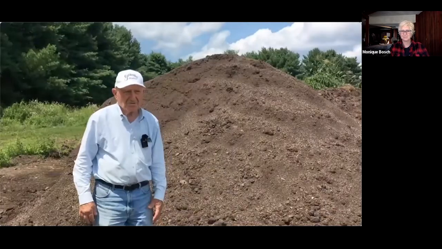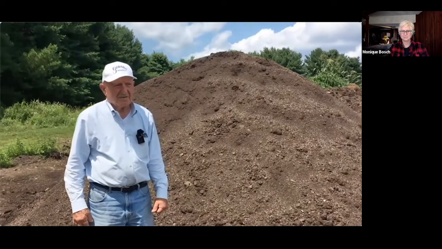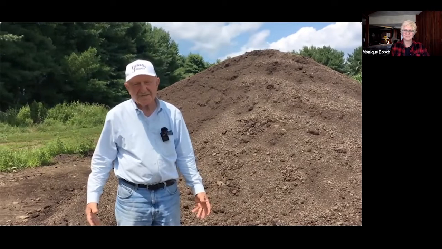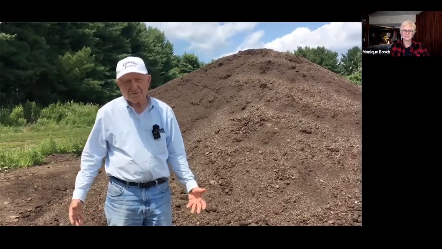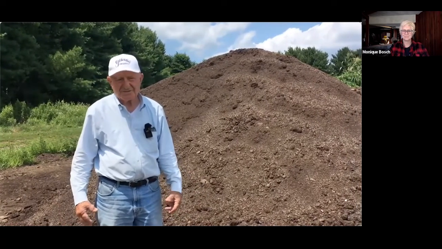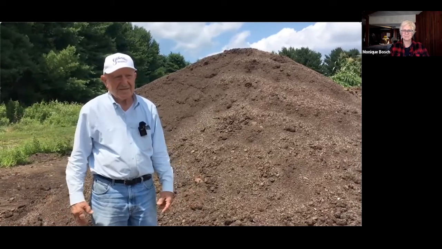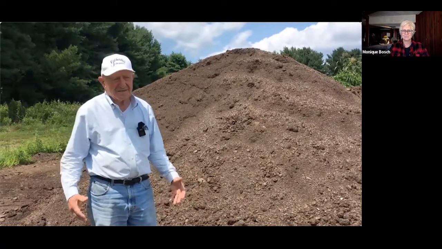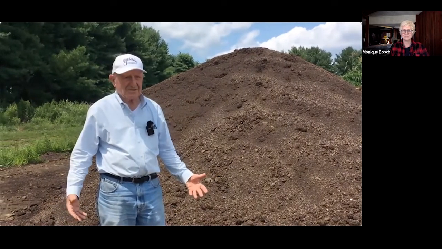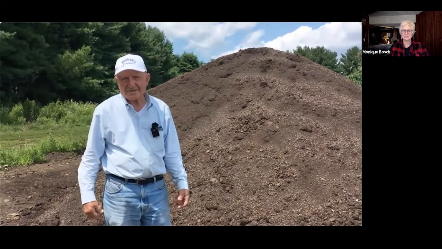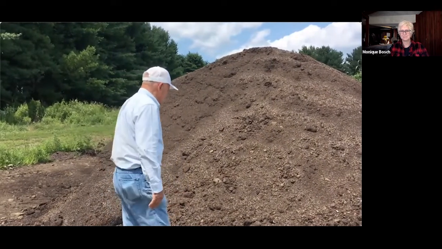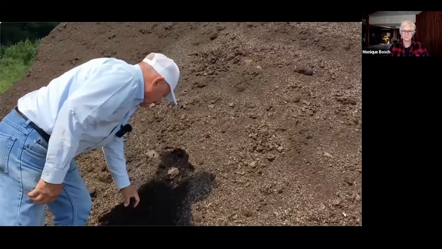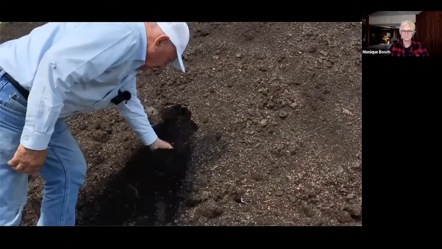Most of our customers are either landscape gardeners or companies that are building gardens for homeowners, and are using this mostly in raised beds because it is so rich in organics, and it is certified organic. So the homeowners want that now. But you can see this is probably a year old, and look how rich it is. You can see how rich it is and how dark it is.